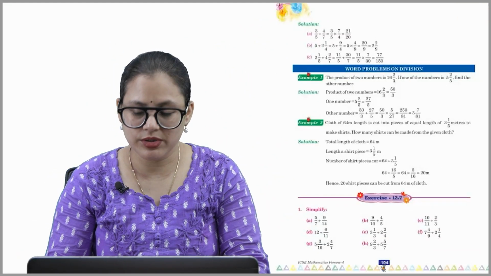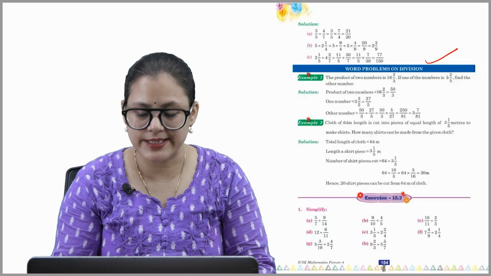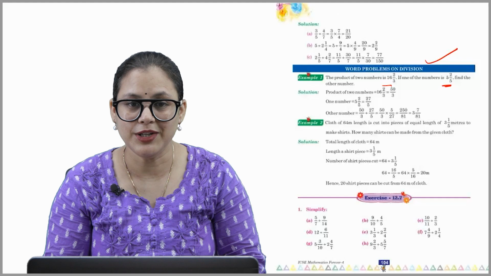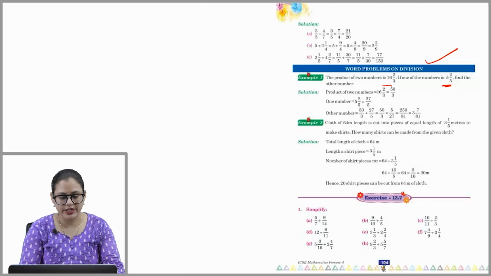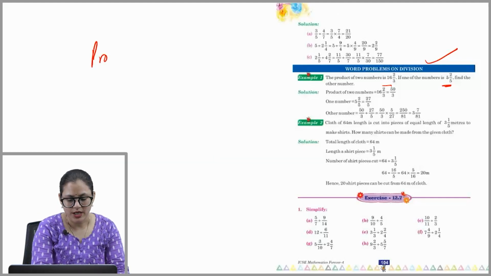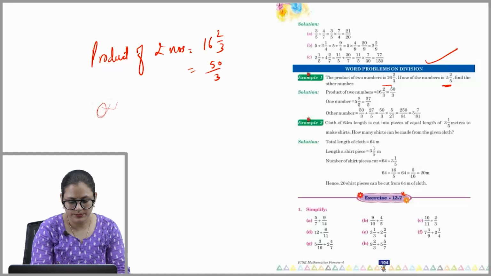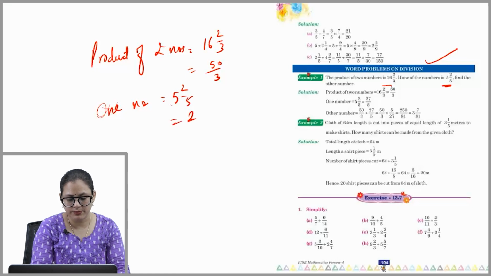Word problems on division. The product of two numbers is given. If one of the numbers is given, find the other number. So what will you write? First you will write the product of two numbers, which is given. Product of two numbers is 16 2 by 3, that is 50 by 3. One number is 5 2 by 5, that is 27 by 5.